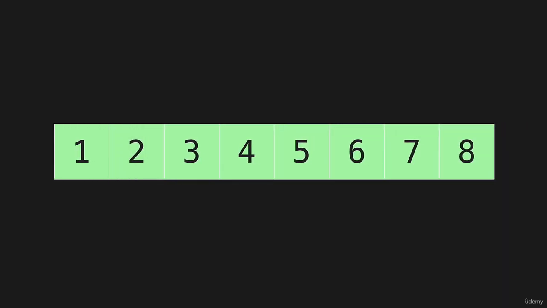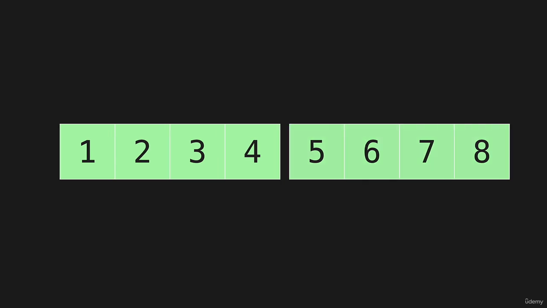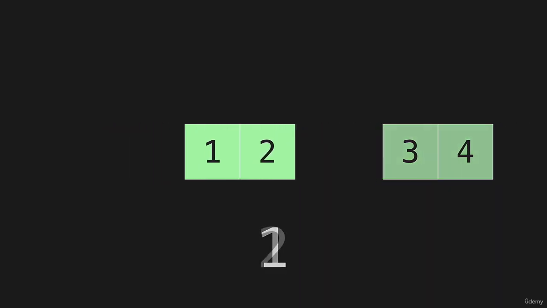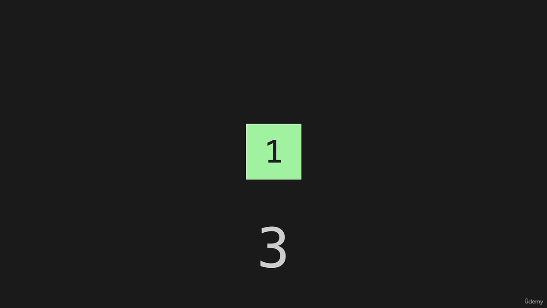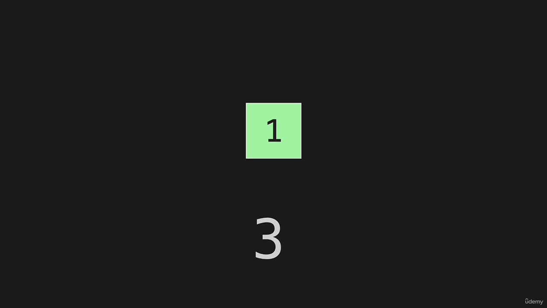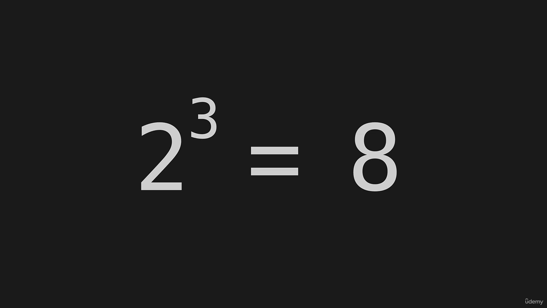So let's bring all of these numbers back and count how many steps we had to find the item we were looking for. It was 1, 2, 3 steps. So we had 8 items in the list, and it took us 3 steps to find a number. And it just so happens that 2 to the third power is 8.